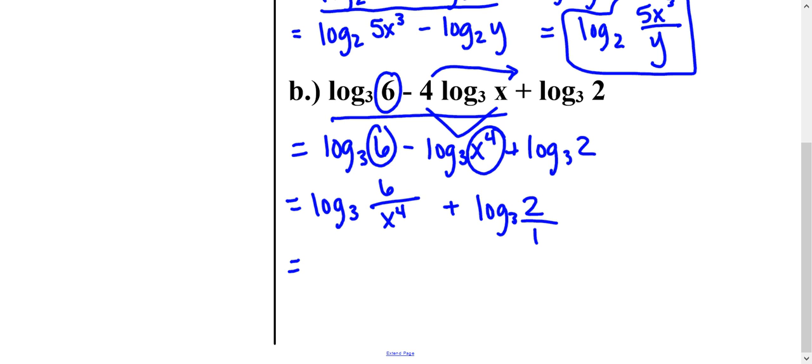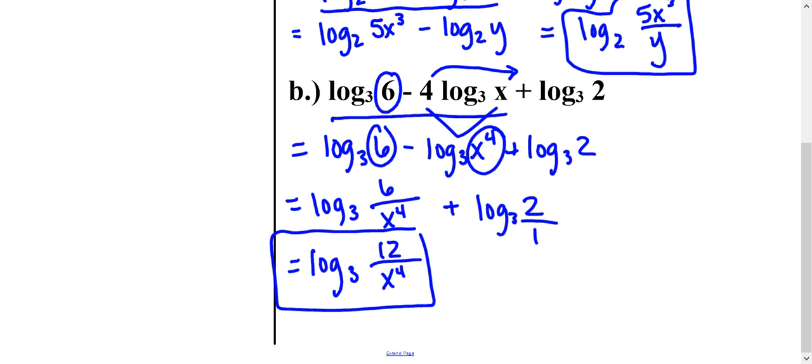Well, we just multiply straight across. So 6 times 2 would give me 12. And let me go back and write the log in there. So we'd have log base 3 of 12 over, and then x to the 4th times 1 would just be x to the 4th. So this would be your final answer.